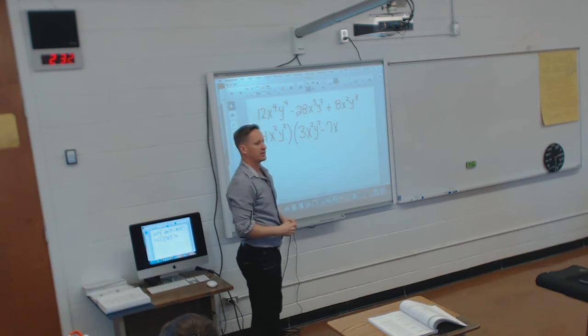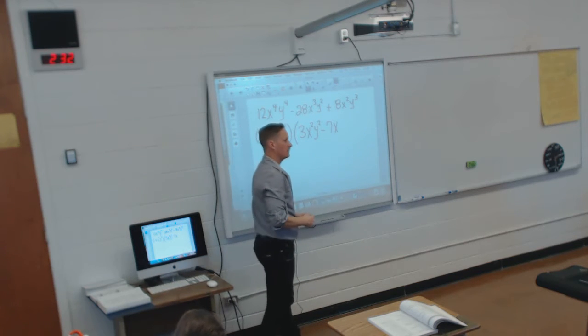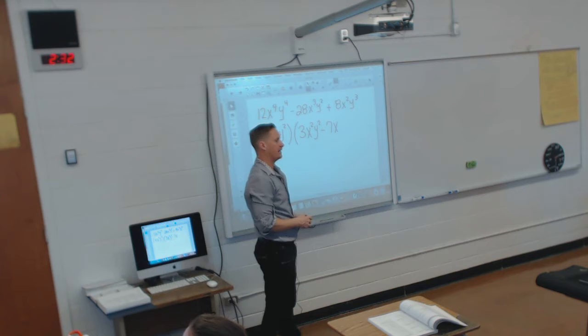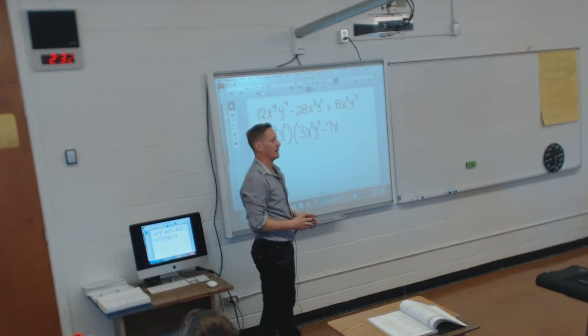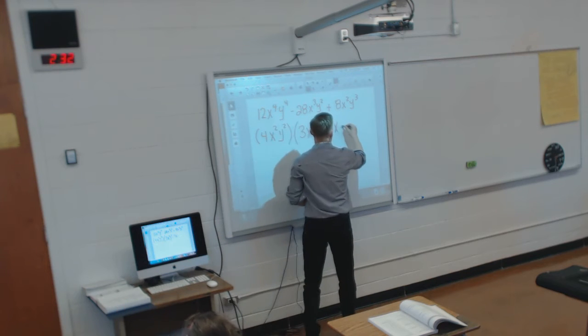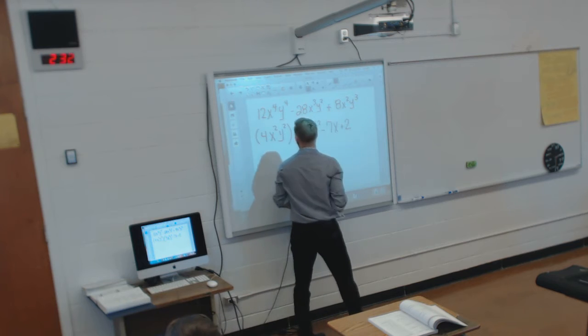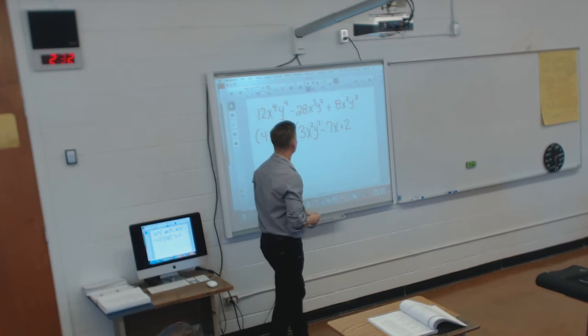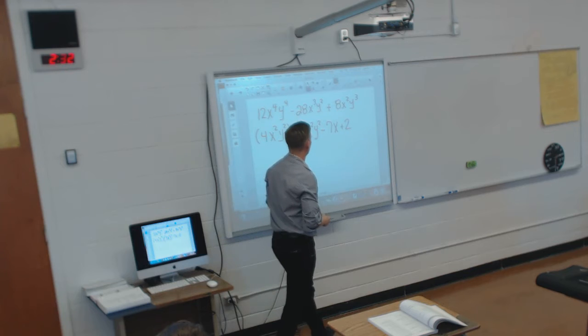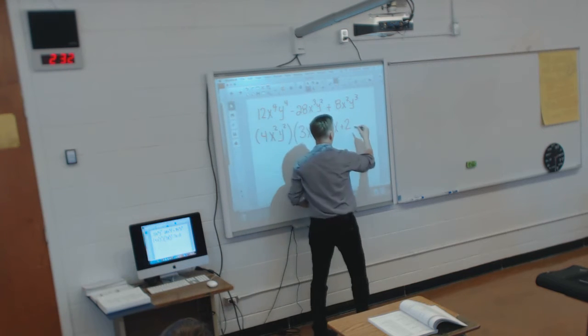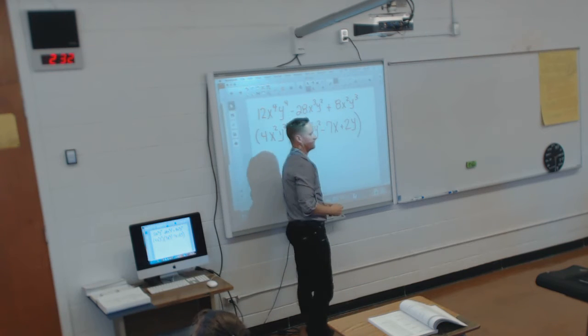Y squared divided by y squared? 1. Don't say y. Anything divided by itself is going to be 1. 8 divided by 4: 2. X squared divided by x squared: 1. Y cubed divided by y squared: y. There you have it.